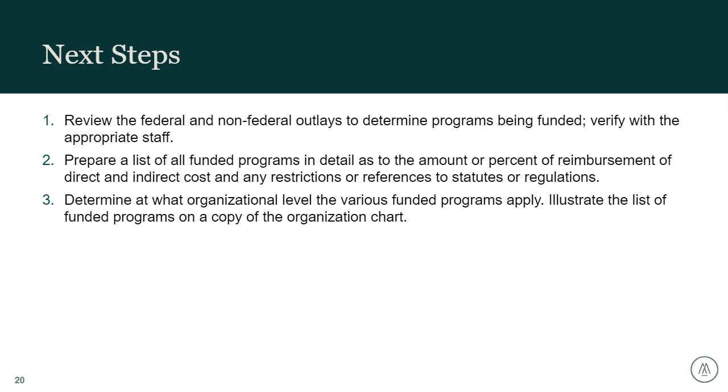Prepare a list of all funded programs in detail as to the amount or percent of reimbursement of direct and indirect costs and any restrictions or references to statutes or regulations. You really want to know what's in your grant awards, what's part of your budget, and what you can and cannot charge to your grant awards.